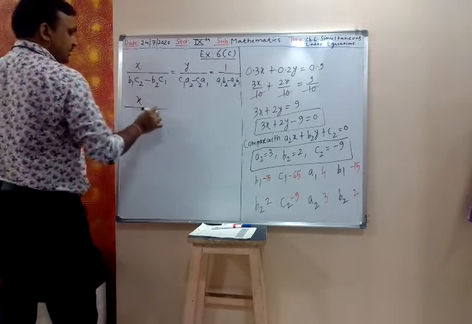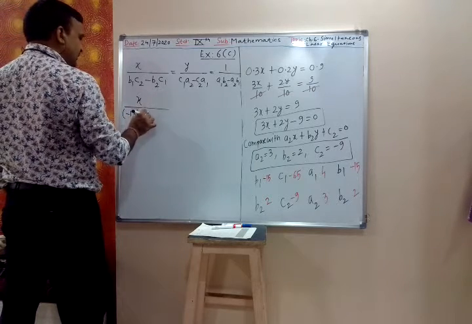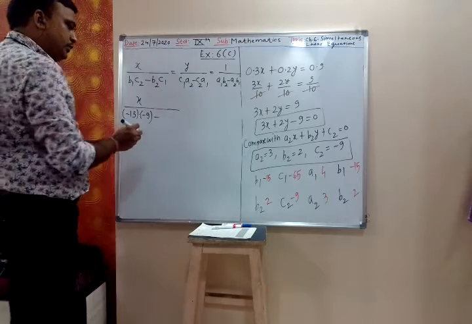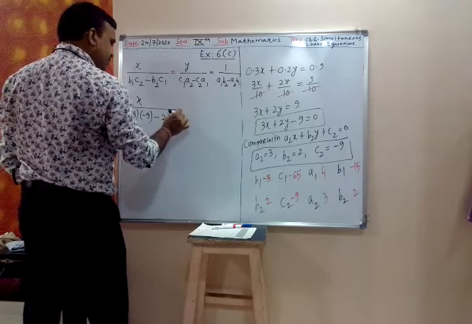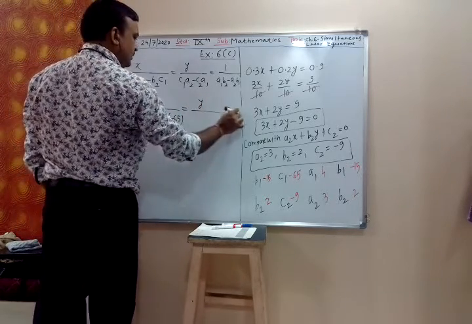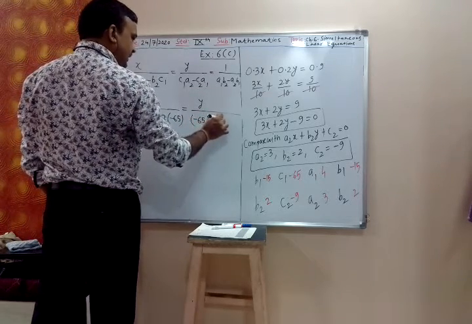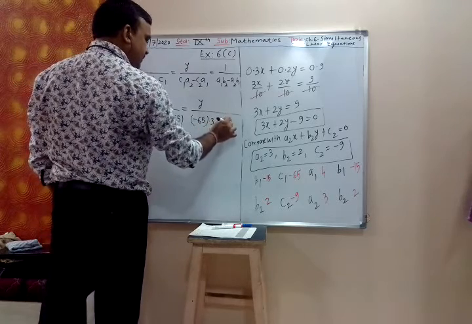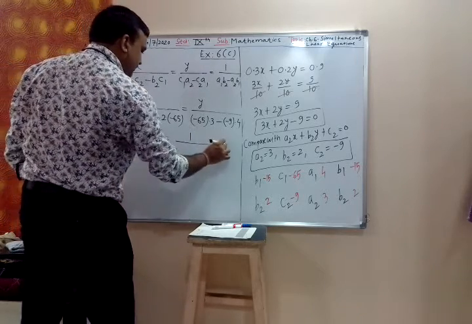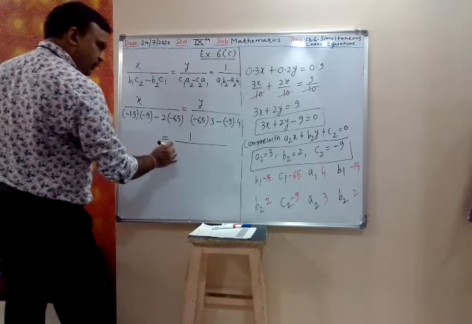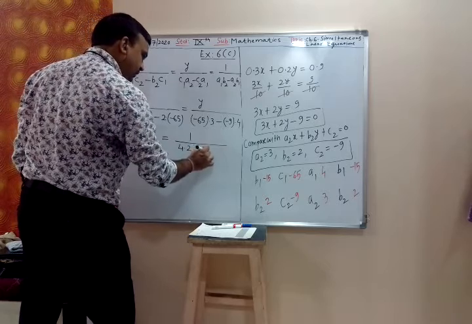So x upon b1 c2, minus 15 into minus 9, minus b2 is 2 into c1 is minus 65, is equal to y upon c1 a2, c1 is minus 65 into a2 is 3, minus c2 minus 9 into a1 is 4, is equal to 1 upon a1 b2, 4 into 2, minus a2 b1, 3 into minus 15.